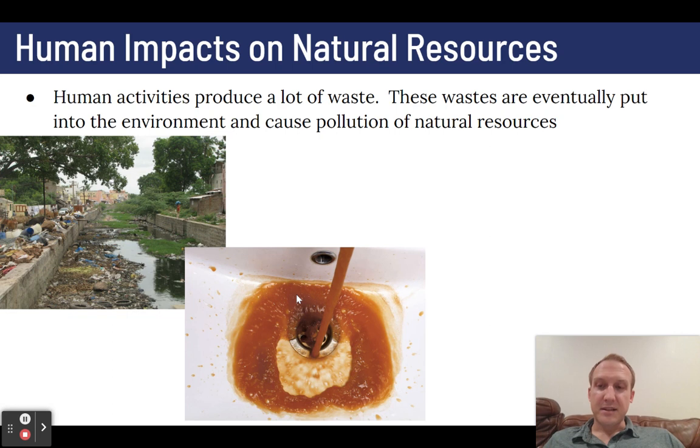But that's not something that's limited to India or even any particular area. This image looks really gross, and it is really gross. It looks like a toilet bowl. Unfortunately, for the people who lived in Flint, Michigan, right? Yeah, our neighbor state, Michigan. This is their water back in 2016.